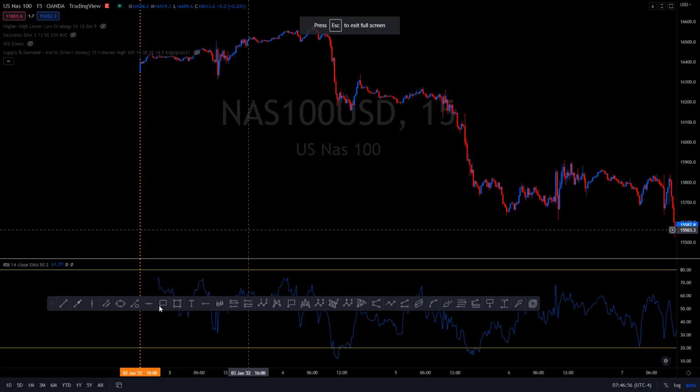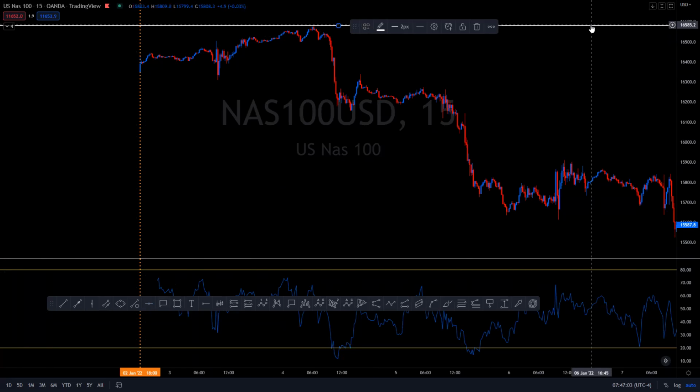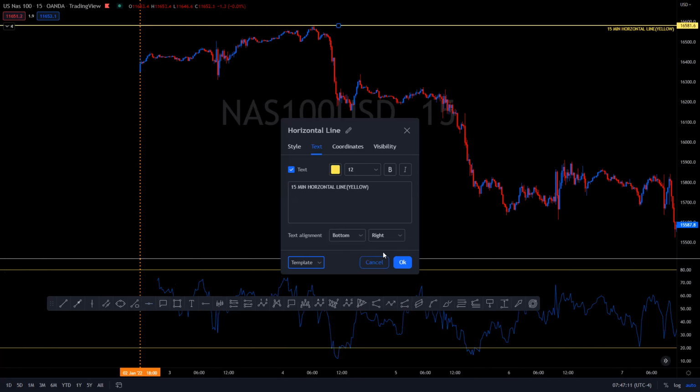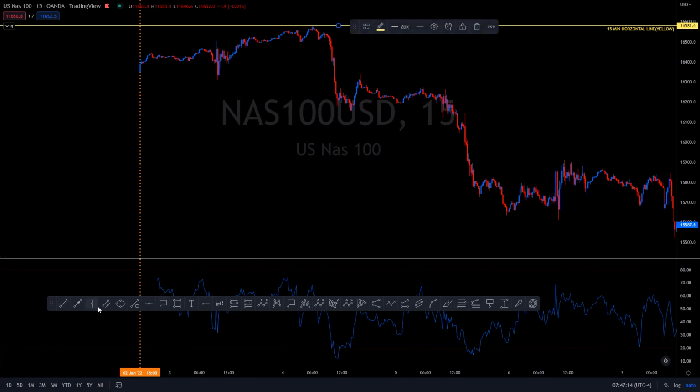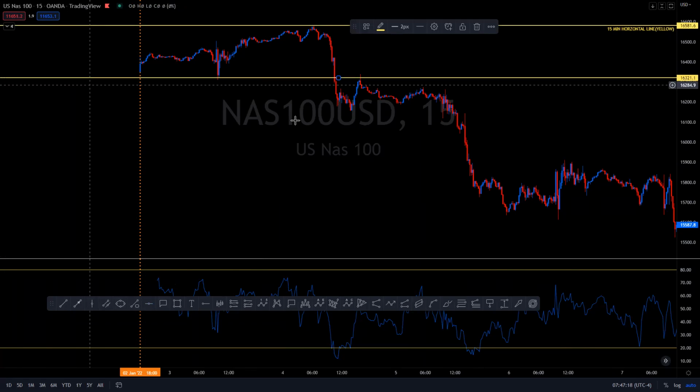Next thing I'm going to do is start marking up support and resistance, institutional support and resistance. These are areas where the institutions gathered a lot of liquidity off of retail traders' stop losses in order to make their big moves. So that's what I'm going to be marking up.